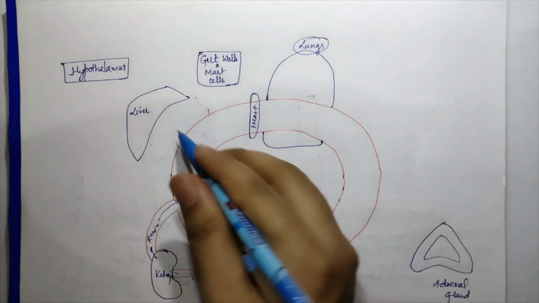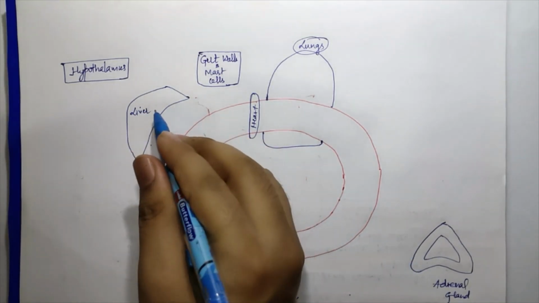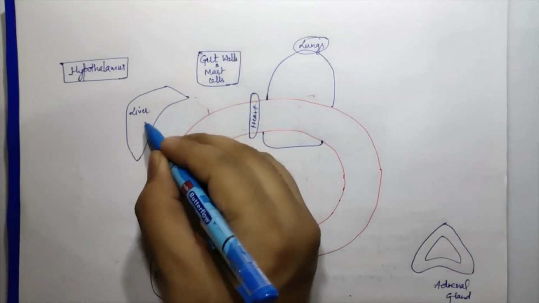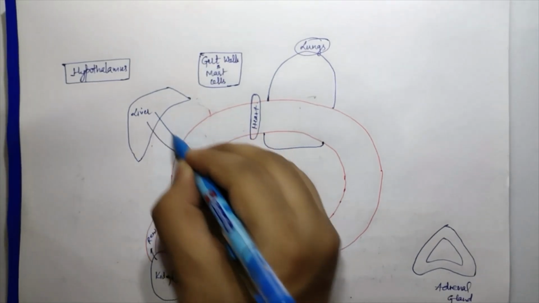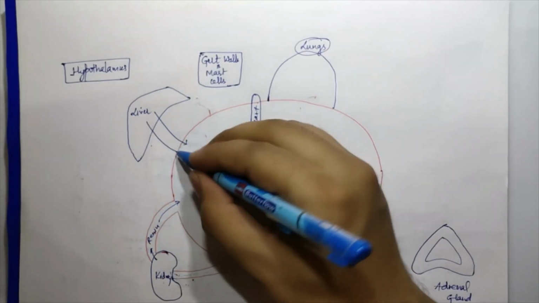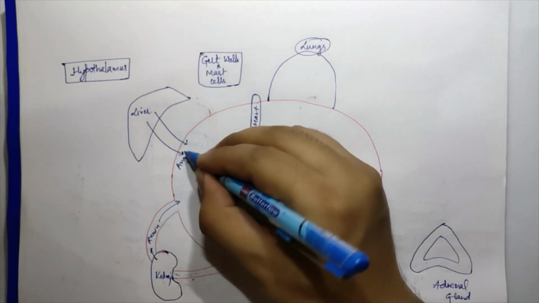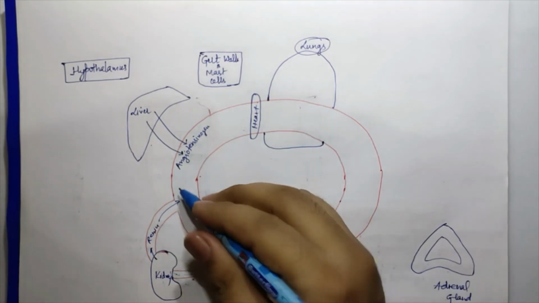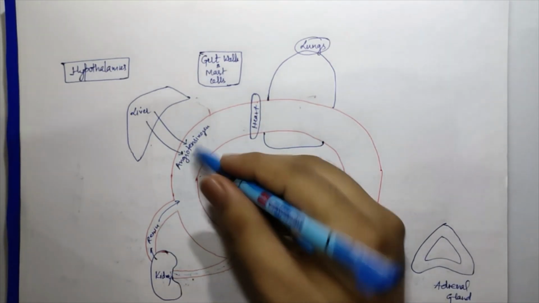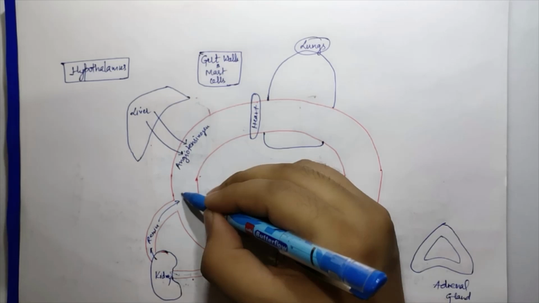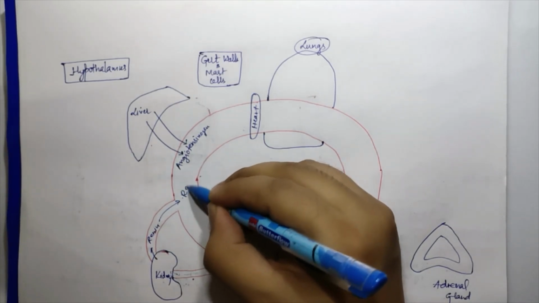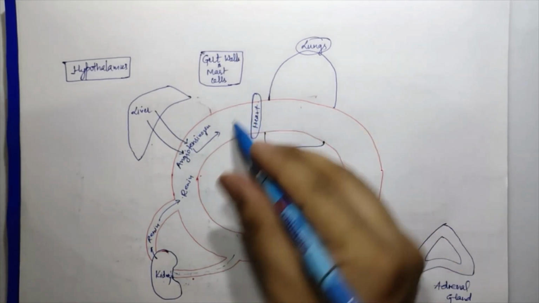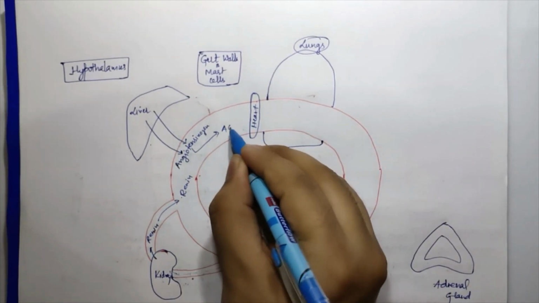And here in main circulation, the liver also continuously synthesizes and secretes another type of protein that is called angiotensinogen. And when this angiotensinogen approaches renin, it is converted immediately into angiotensin 1.